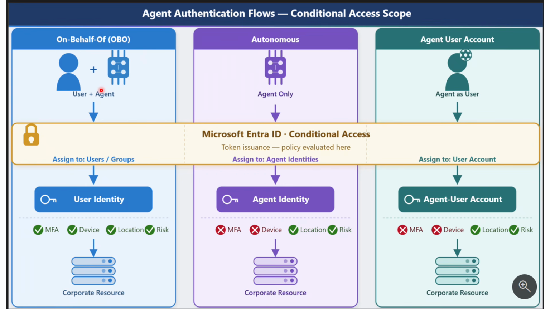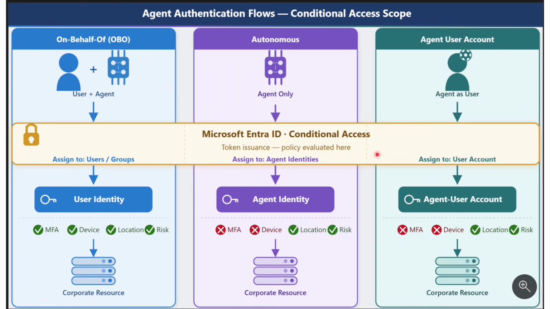Location and sign-in risk can all apply to this. So think of this user, agent, Entra ID, and then the resource. And we'll get into Entra ID to take a look at this. The important point is that the user's identity is being protected.